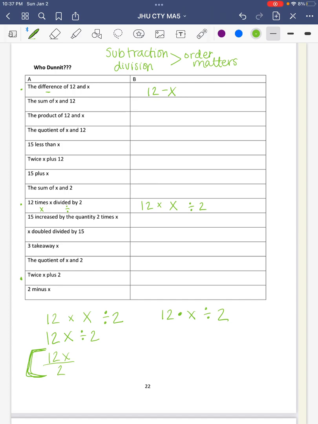Okay, so twice means to multiply by 2. So I'm going to write times 2. Triple would mean to multiply by 3. Quadruple means to multiply by 4. Again, some important number sense that you're going to have to remember when you're solving these problems. Twice x, which is a variable, not the multiplication sign, plus 2.